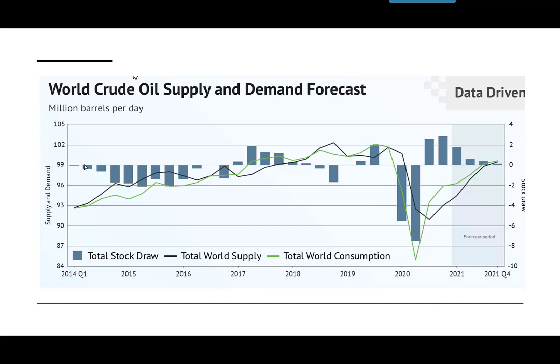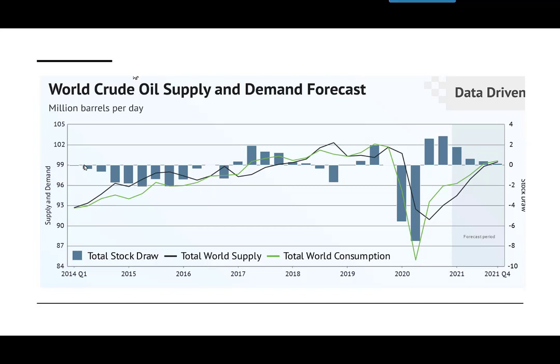Here is a combination chart. This goes back to 2014. And there's a bar on there, but let's talk about the other lines as well. The dark line is the world supply of oil. And you can see it took a big dip last year, and it's been climbing up pretty solidly.